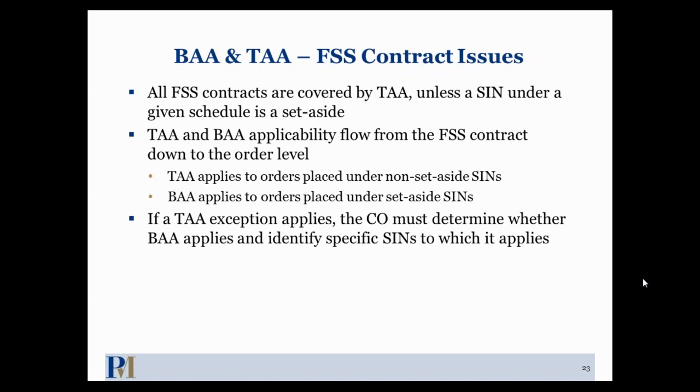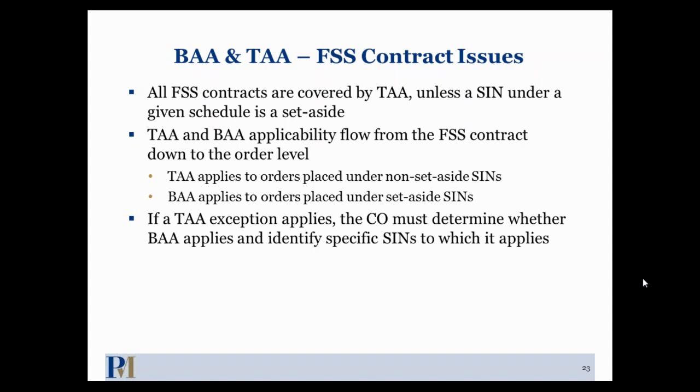So if you have a set aside SIN, so that would be a small business set aside, and we talked before about the fact that if it's a small business set aside, the TAA does not apply. The BAA applies to small business set asides.